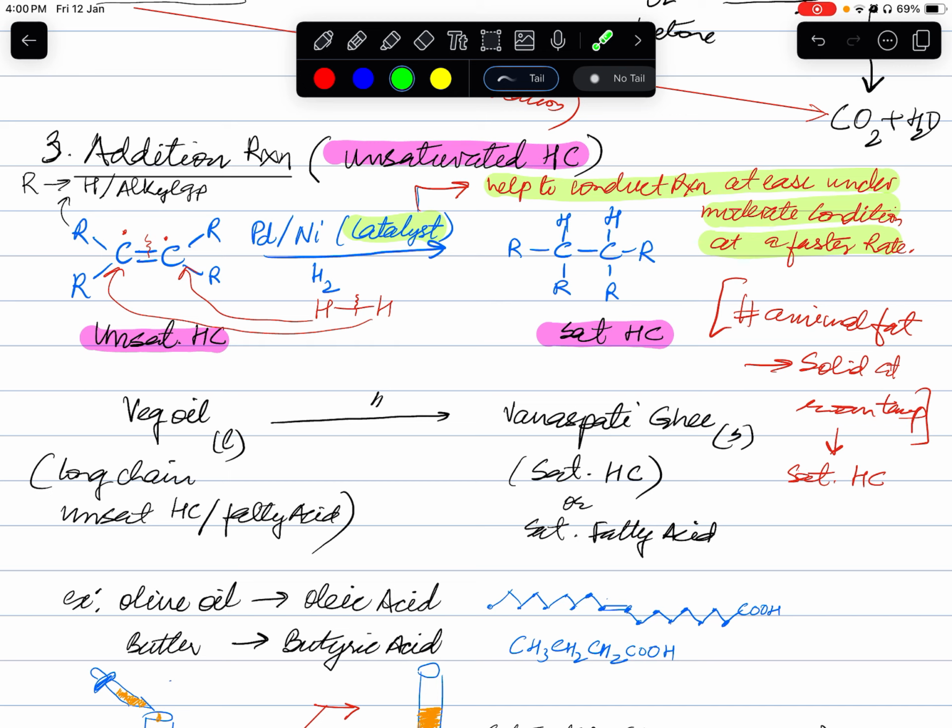So what you have to remember here: unsaturated hydrocarbons are liquid at room temperature, while saturated hydrocarbons are solid at room temperature. Okay. What we do is bring about the same reaction, that is, we add hydrogen to the vegetable oil in the presence of nickel or palladium as a catalyst.